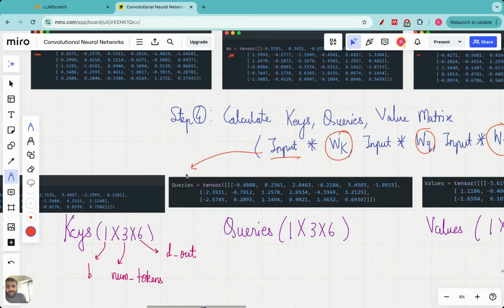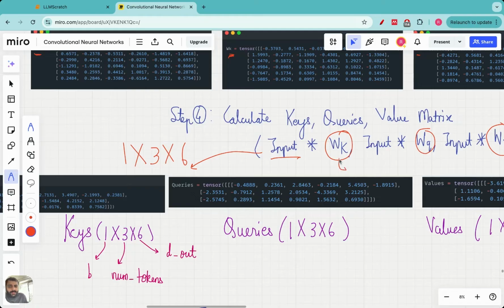So what are the dimensions of the input? The dimensions of the input are 1 multiplied by 3, because we have 3 rows, multiplied by 6 columns, correct?